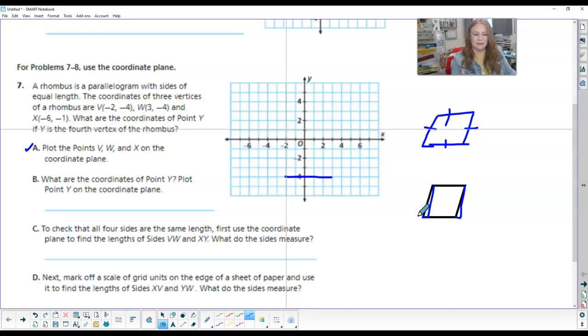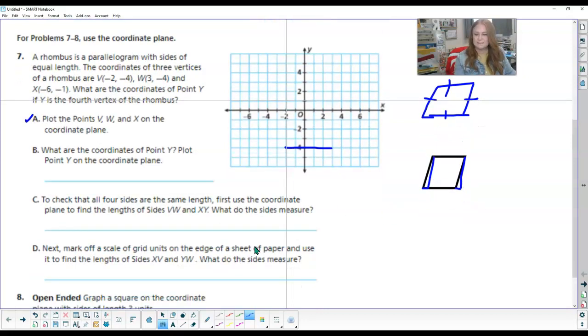So you're finding the length of this, the length of this, what are their measurements. Now mark off a scale of grid units on the edge of a sheet of paper, and you're going to find the length of it, or you can just count the height, and the height would be great. If you counted from here to here straight down on that line and then made sure that this was the same measurement all the way across.